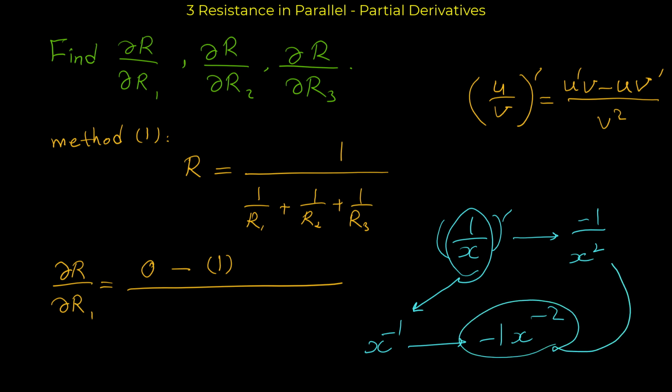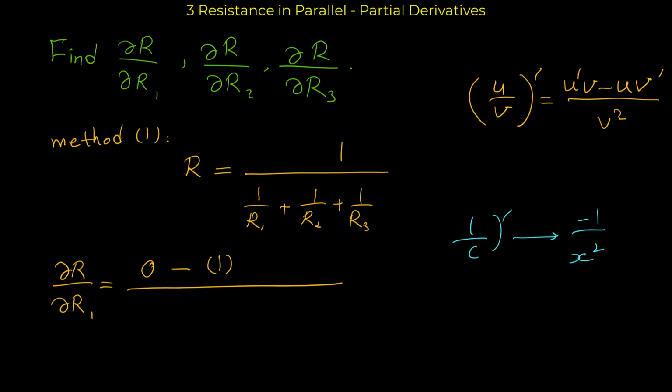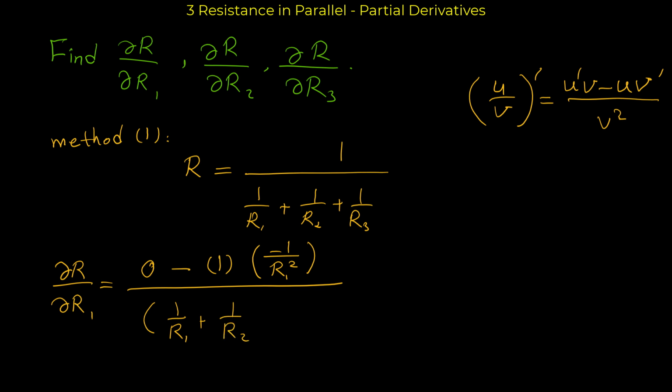And basically this expression is this. So let's get back to our question. The derivative of the denominator with respect to r1 is negative 1 over r1 to the 2, all over the denominator to the power of 2.